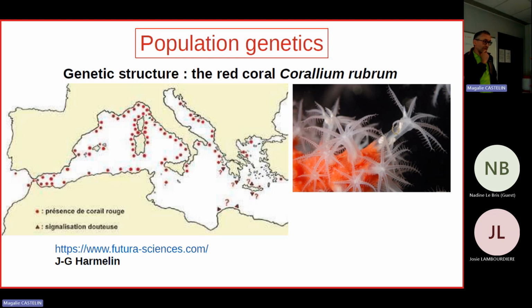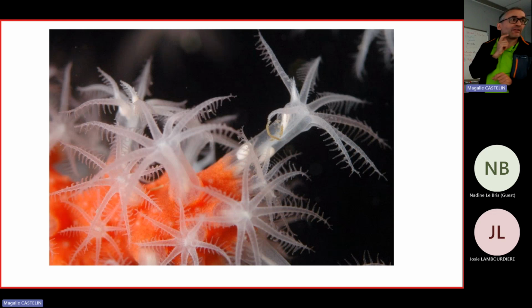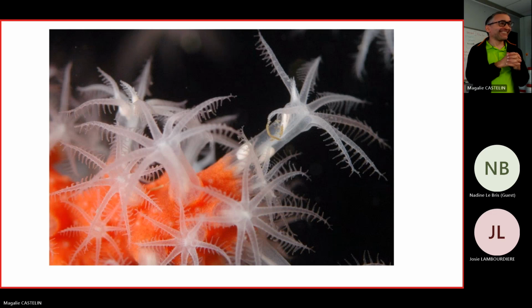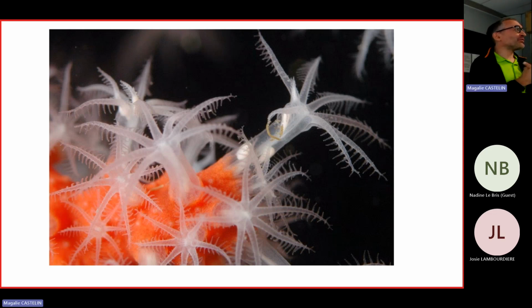So, some words about the red coral, Corallium rubrum. Quick exercise. What kind of Anthozoan is it? You have a choice between hexacoral and octocoral.